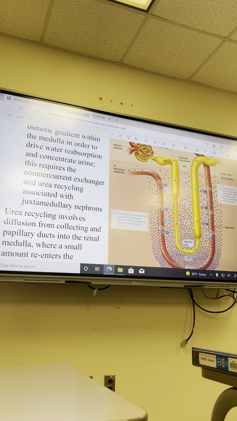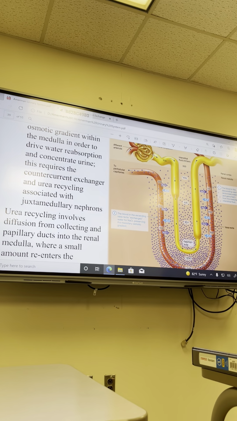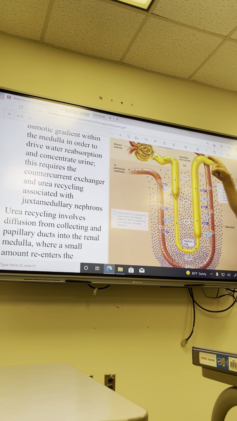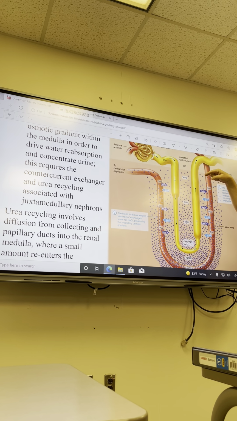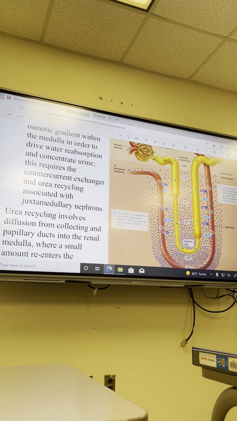Have to do that. We've already said that the fluid up in the outer cortex is basically isotonic, right? So that's why you're seeing this number about 300 milliosmolar up here. But as you sink deeper and deeper into the medulla, I want you to notice what's happening to the osmolarity in the interstitial fluid surrounding it. It's starting to do what?